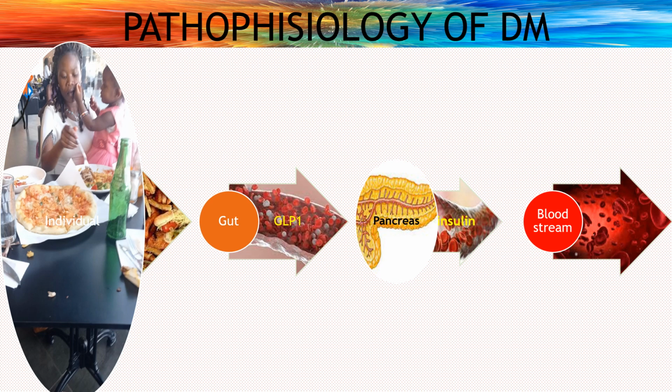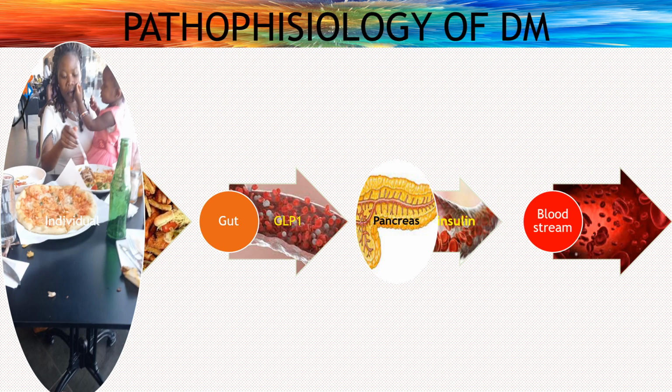The pathophysiology of diabetes. For us to understand more about diabetes, we need first of all to understand the normal way in which the body responds to increased blood glucose concentration, and the abnormal part which is called diabetes.